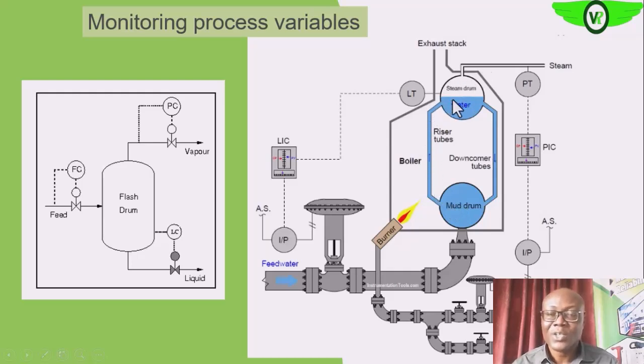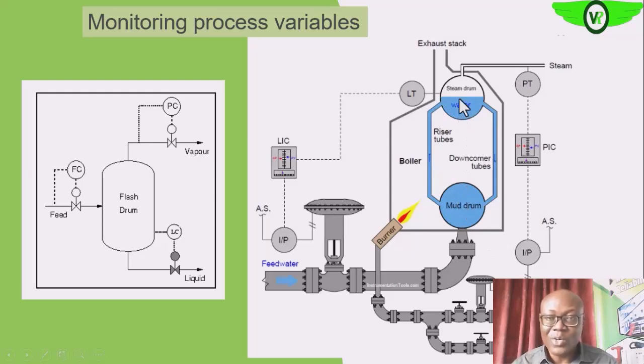Are we getting it? So in the mud drum and the steam drum, we need to maintain a particular level of water. When you look at it, we have a level transmitter. This level transmitter sends signals to the level controller, and then the level controller sends signal to the IP converter, and then to the final control element, which is the valve that feeds water into the boiler.